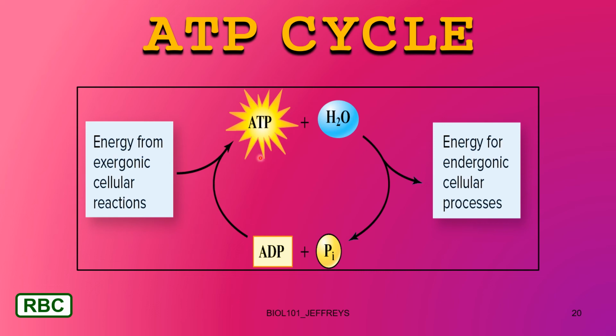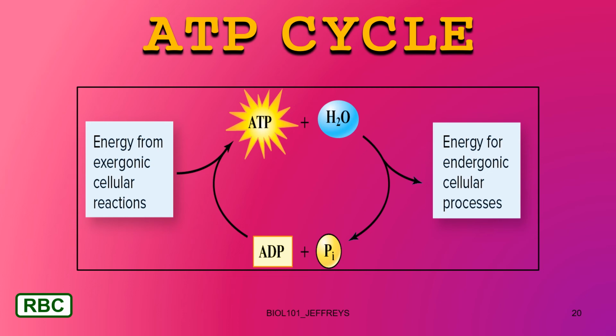All right, we call this the ATP cycle. We break a bond by adding water. We use the energy from the phosphate to drive an endergonic reaction. The phosphate then gets reattached to ADP to make ATP, and that energy can then be used to drive another endergonic reaction. So we have this circle, and that's how your body always has a supply of energy.